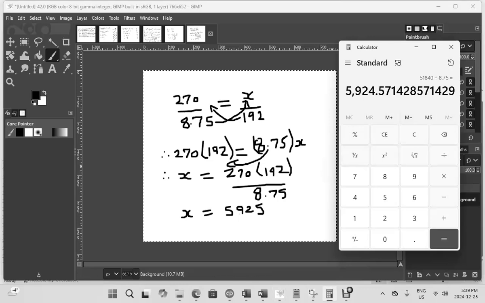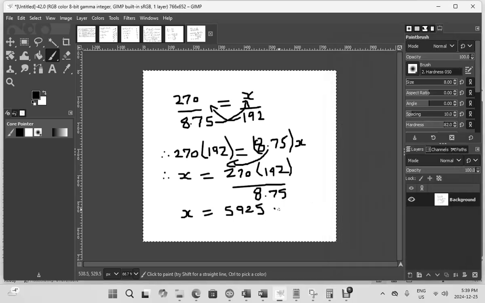If you round it off, it will be 5,925, or 5,924.57. Both of these answers are correct, depending on how many sig figs you need after the decimal place.